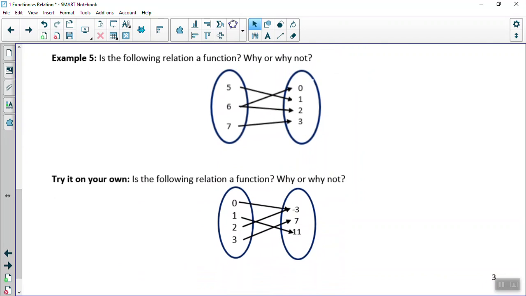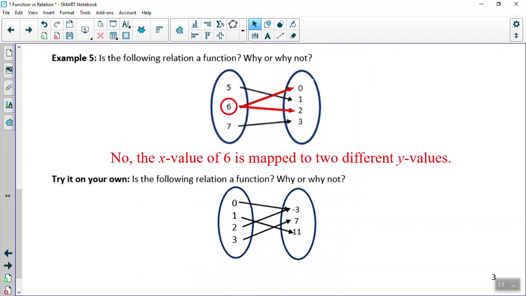And 7 is paired with the 3. Let's go back and take a look at that 6 again. 6 is paired with 2 values, the 0 and the 2. So because of that, this is not a function. This x value is paired with 2 different y values. The x value 6 is mapped to 2 different y values, or you could say is paired with 2 different y values.